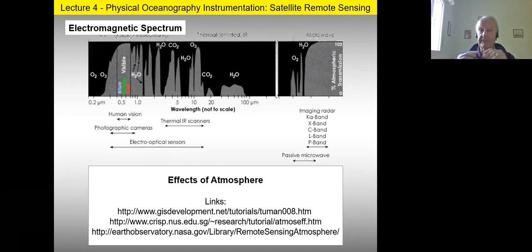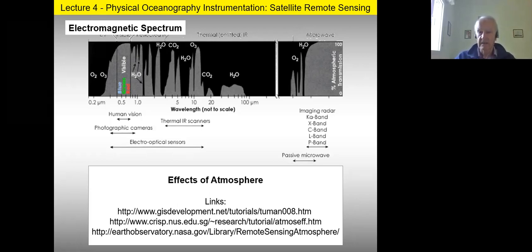So all the time, when we do these measurements, in order to get the right values of the temperature or color, we have to introduce corrections due to the presence of the atmosphere.